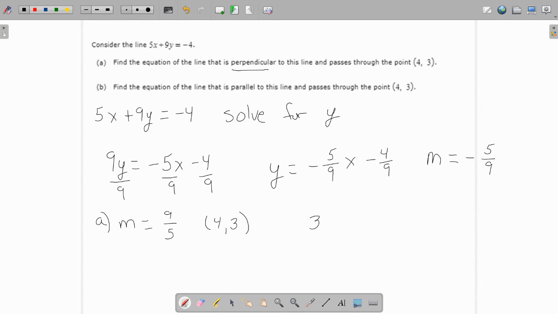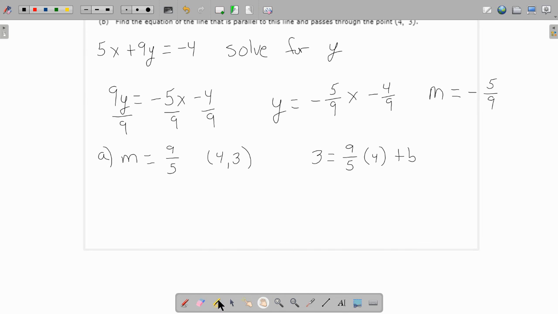Okay. So y equals mx plus b. Okay. I said use a calculator for this. So that's 9 times 4 is 36/5 plus b. We're going to subtract 36/5 from both sides. Okay. So I'm just doing this in my head.